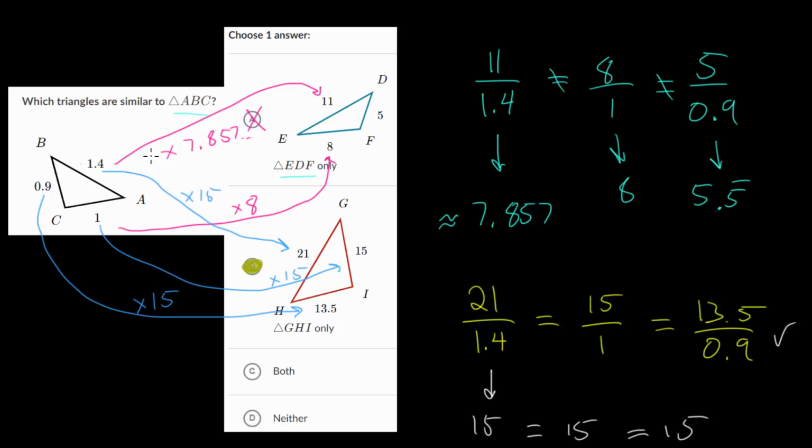And since we're multiplying by the same number when going from the smaller triangle to the bigger triangle, we can conclude that the bigger triangle is essentially just a scaled version of this smaller triangle. It is the exact same shape, though it's rotated. If we rotate it up this way, then it will be oriented the same way, but it doesn't matter. The main point is that the side lengths are proportional, which means that choice B is the correct answer. These are similar triangles.